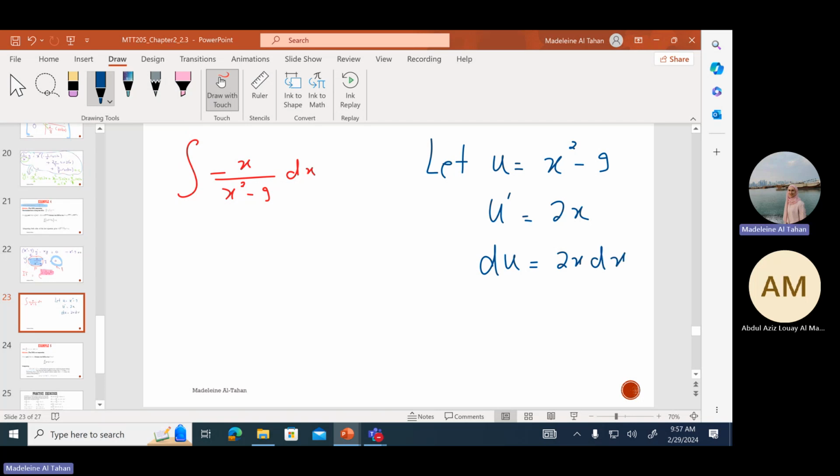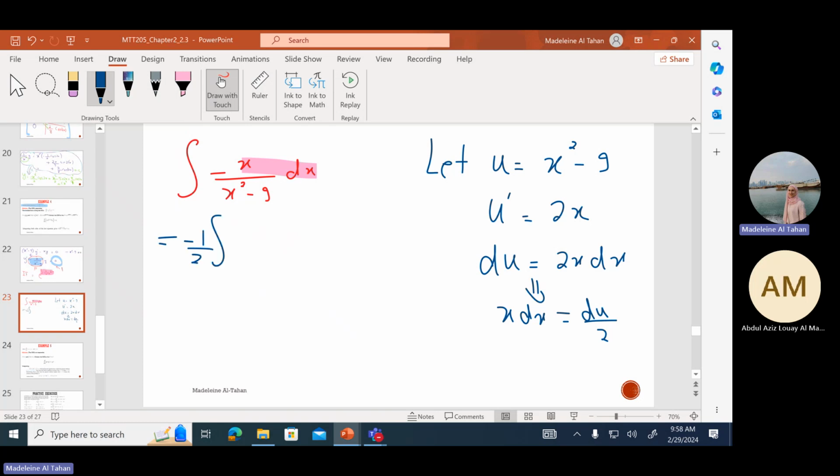But we don't have 2x, we have only x dx here. So we will substitute x dx with du over 2. You can multiply by 2 and divide by 2 as you wish, but this one always works.